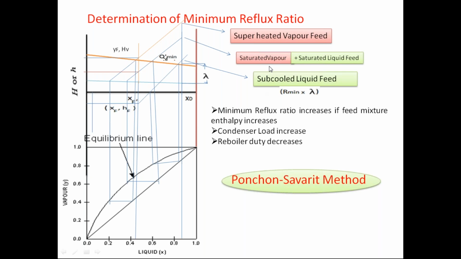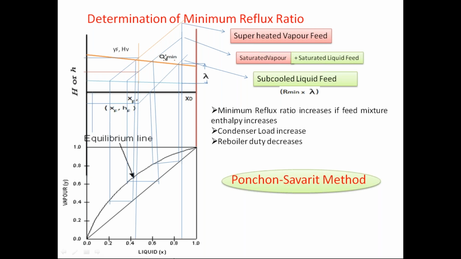For subcooled liquid, it is the smallest reflux ratio. And condenser load you can put in the same order, but reboiler duty will be inverse. So this is how the minimum reflux ratio can be estimated for various feed conditions.